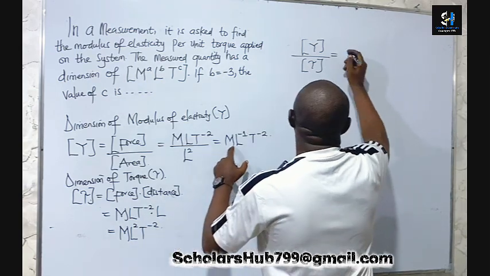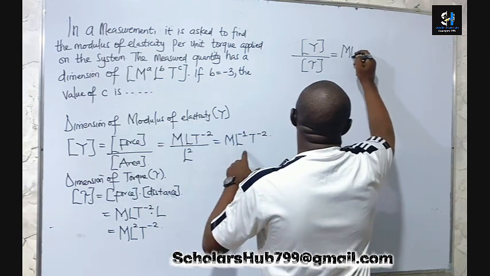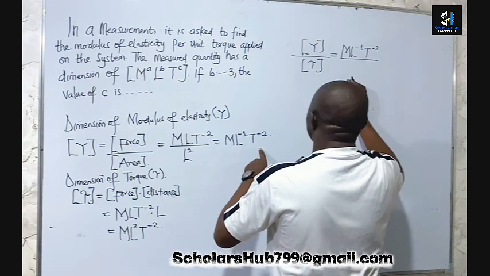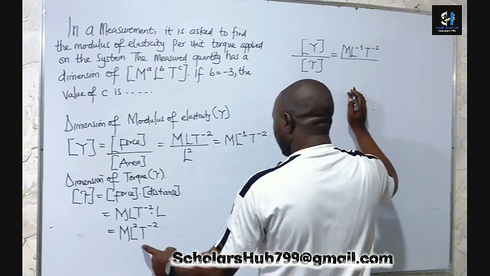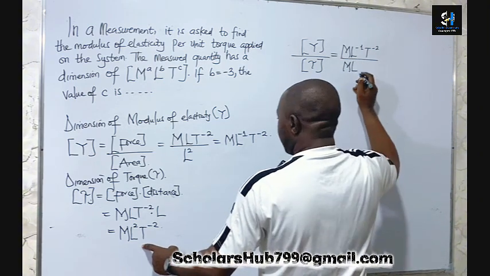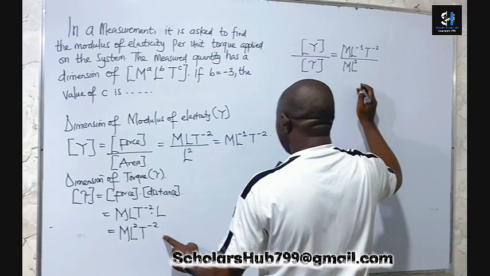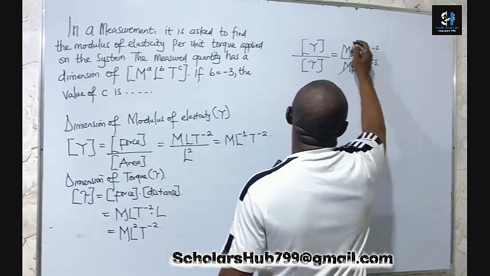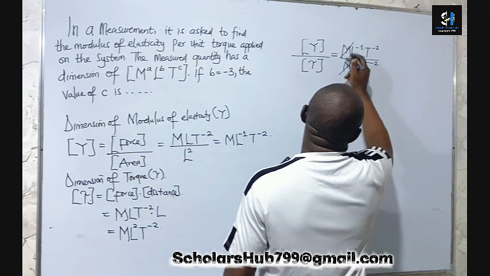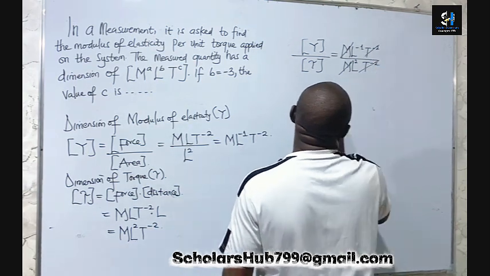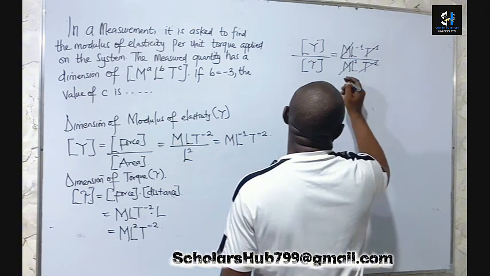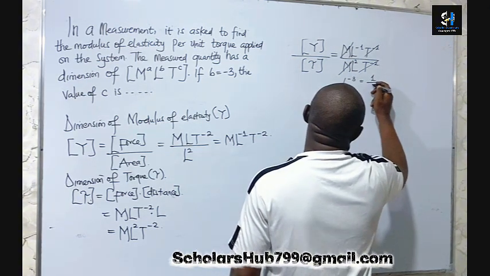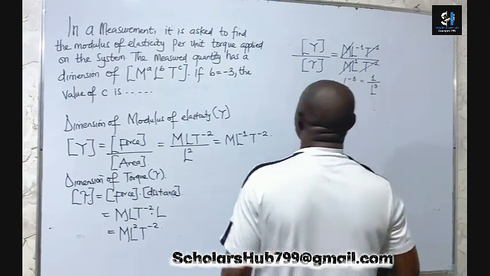That is M L to the -1 T to the -2 over M L squared T to the -2. M cancels M, and T to the power of -2 cancels T to the power of -2. So we have L to the power of -3, which is the same as 1 over L cubed.